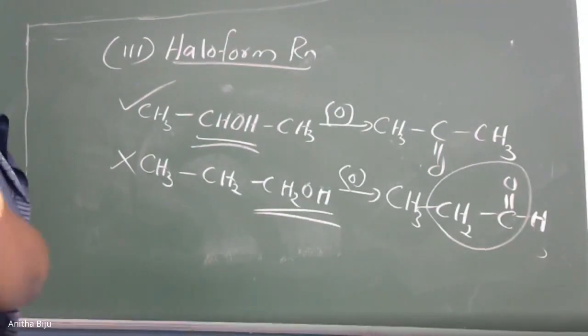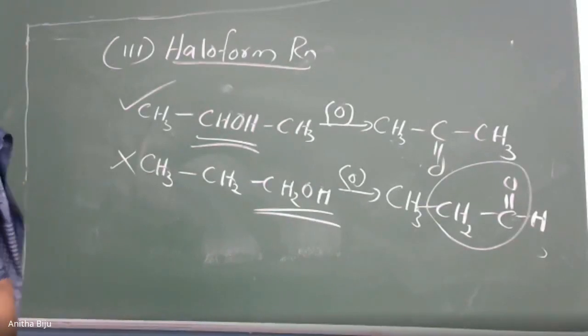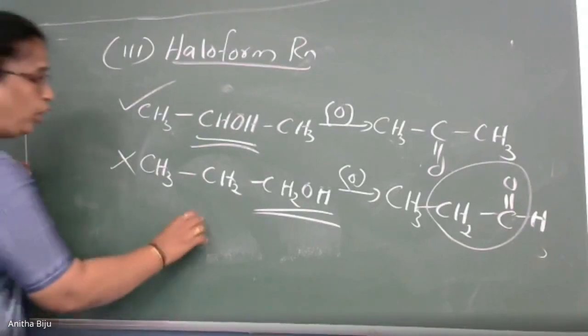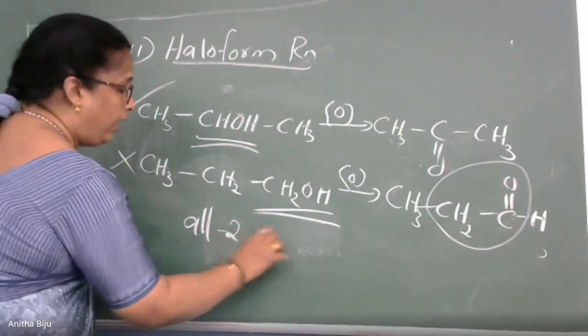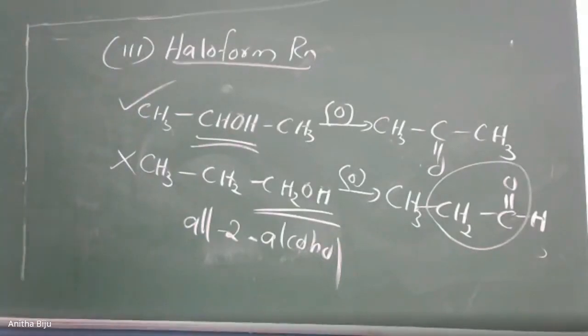Okay. So we can generalize it this way. This test is answered positively by aldehydes and ketones with the keto-methyl group, or all 2-alcohols. What do you mean by 2-alcohol? The 2 stands for the position of the OH group.